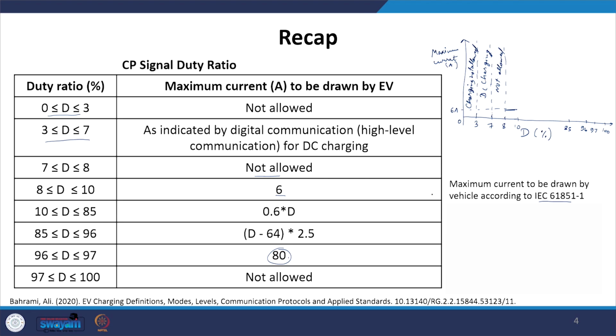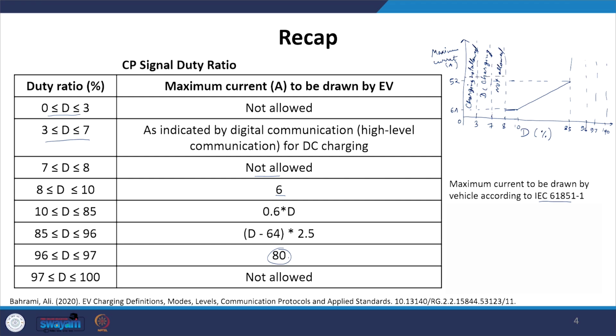From 10 to 85, it is linearly rising, and reaches this point, which is equal to 52 ampere. And then from here, between 85 to 96, it is (D minus 64) into 2.5.